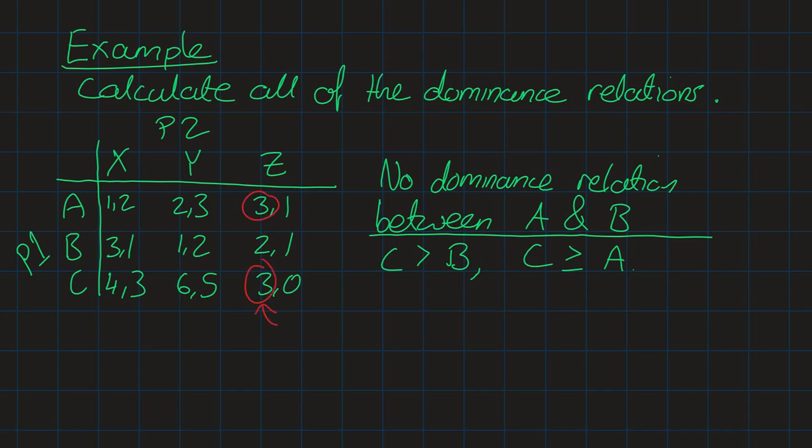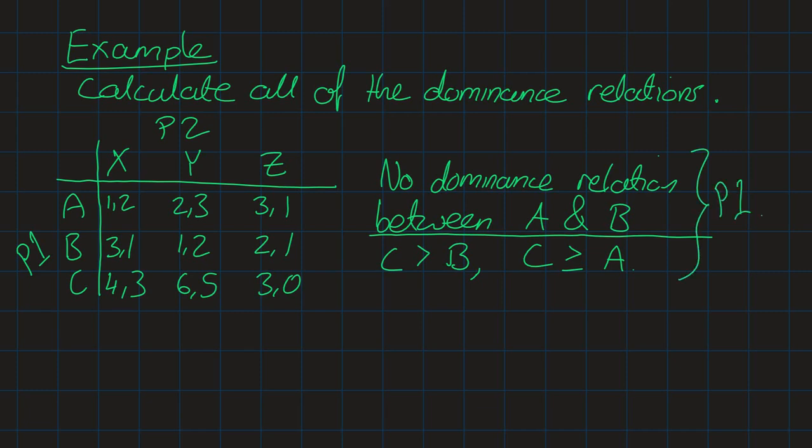If this 3 was like a 4, then we would have that C strictly dominates A. But it's not, it's a 3. Okay? And this means that it's a weak dominance. So that's all the dominance relations for player 1. Okay? This is player 1's dominance relations.